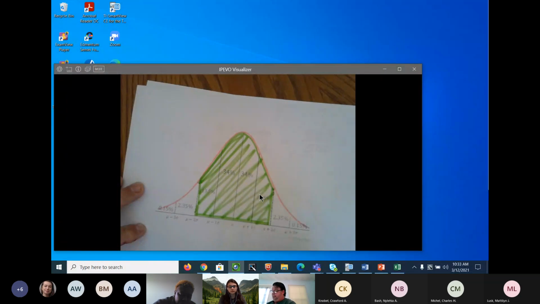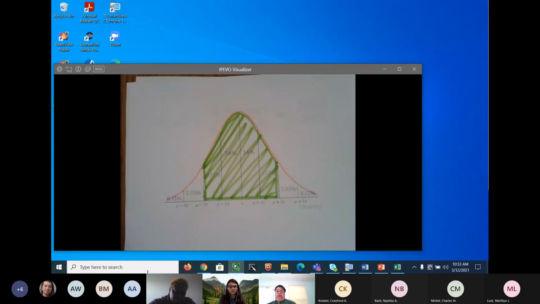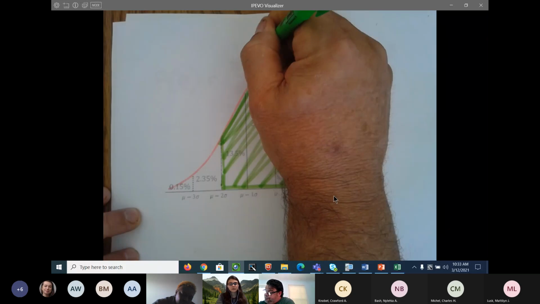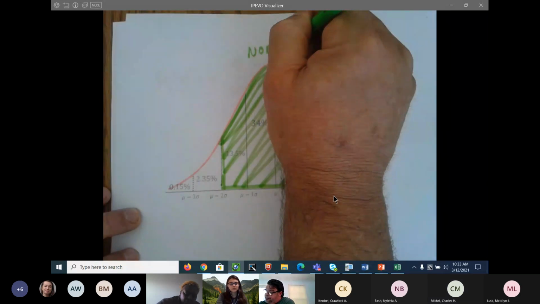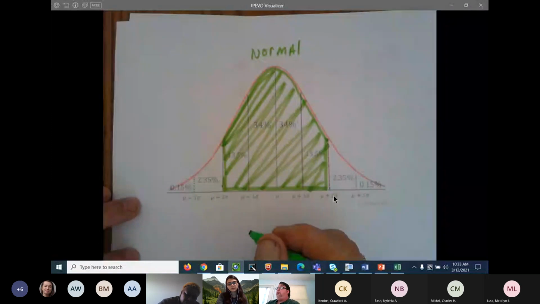Y'all know that the green area is what? It starts with an N. Normal. What's another word for normal?